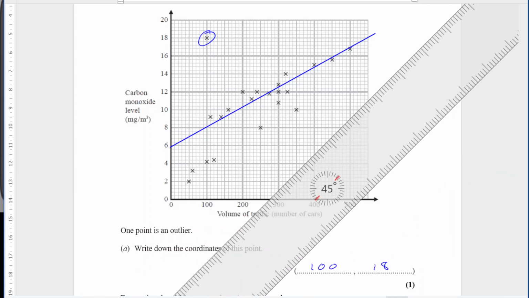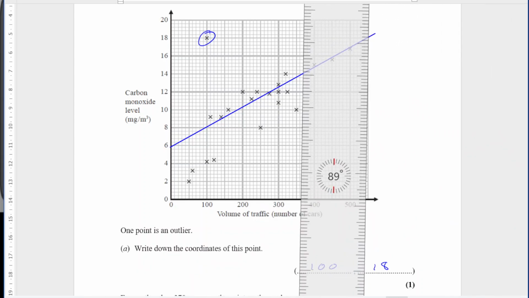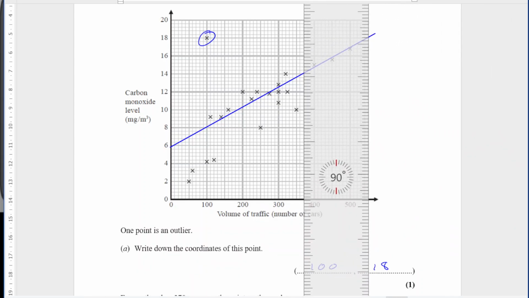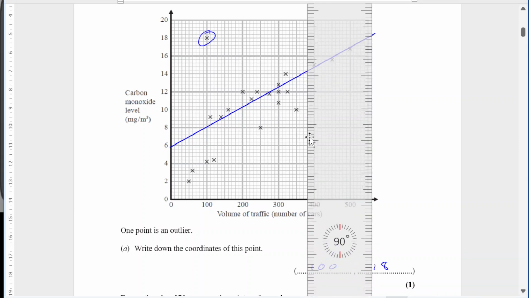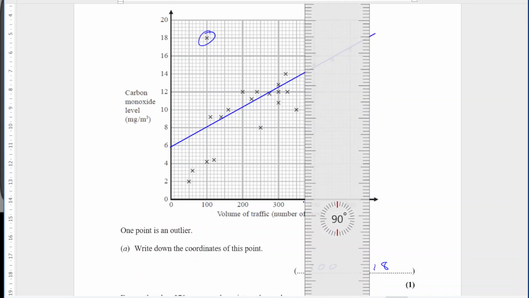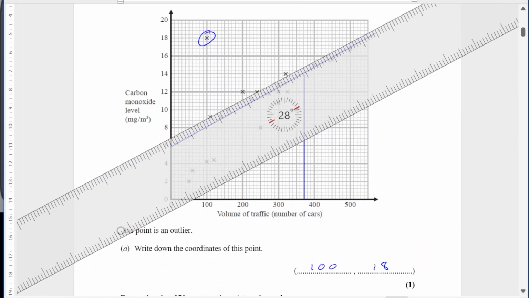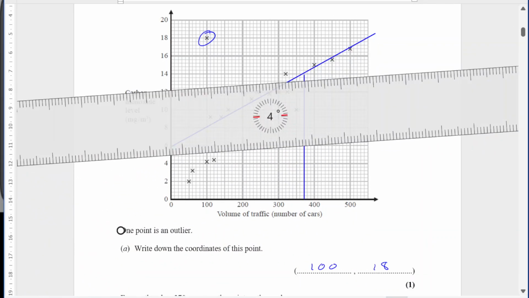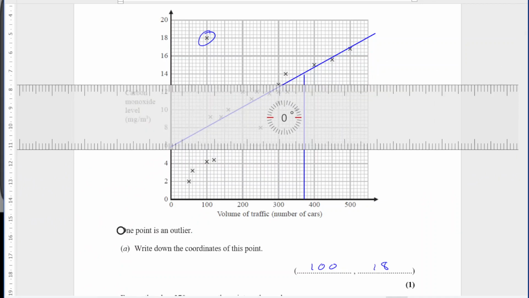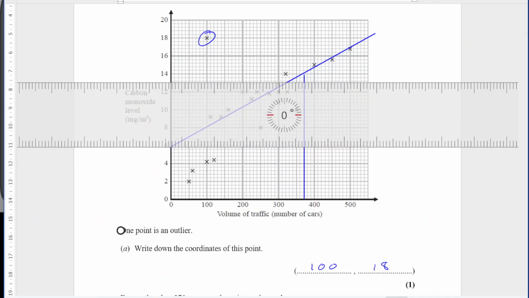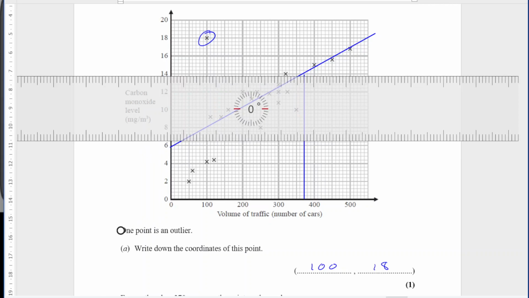And then for 370, I'm going to go up and across. Keep twisting it. So I make that pretty much bang on 14.